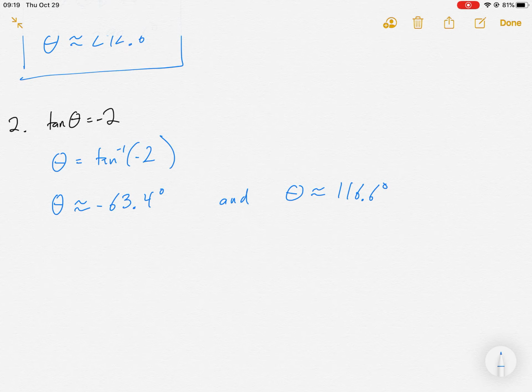So my solutions are these plus 360 degrees n. But I want to restrict myself to just 0 to 360, and that is not between 0 and 360. So we need to find a coterminal angle.